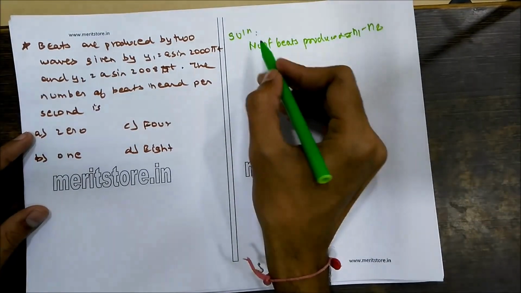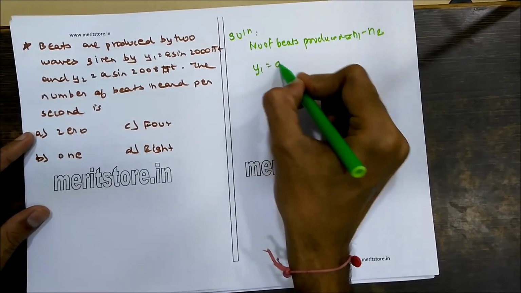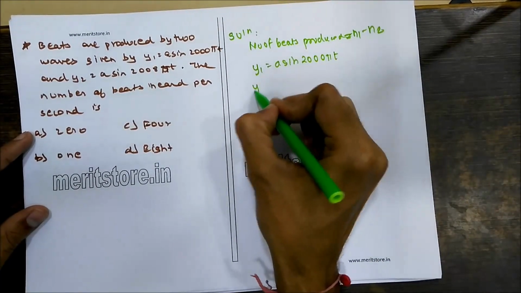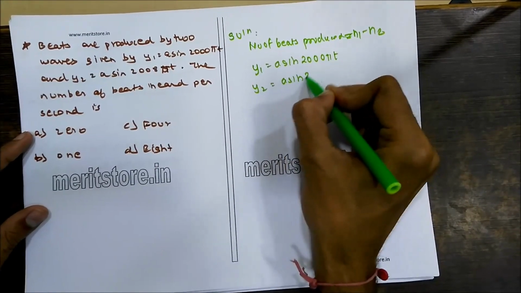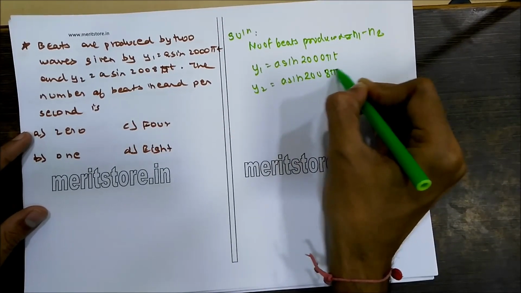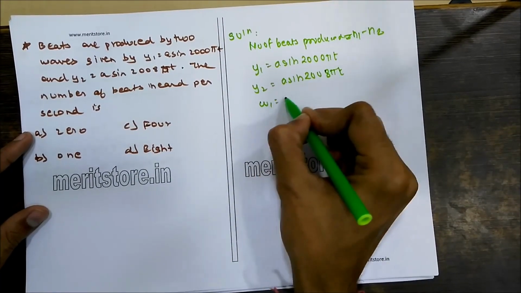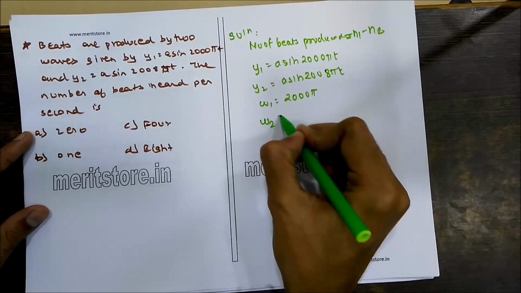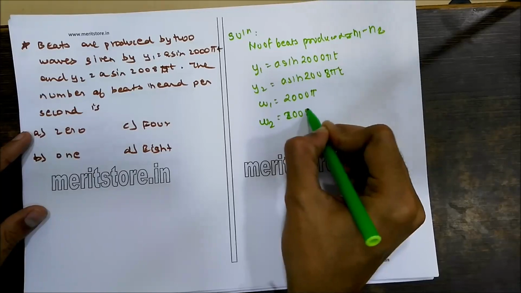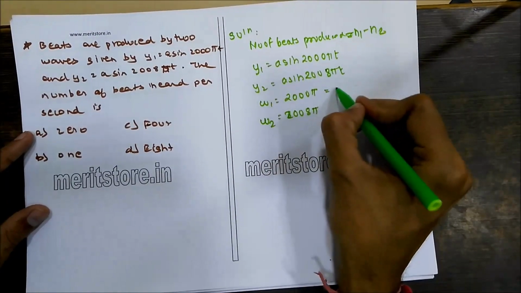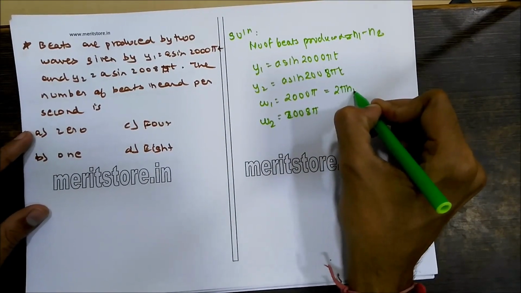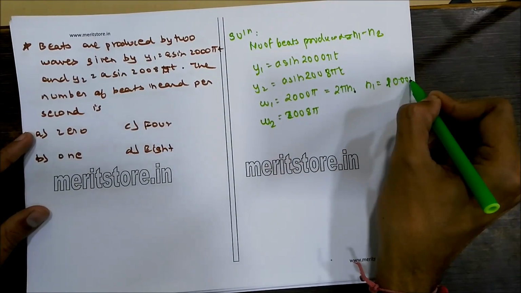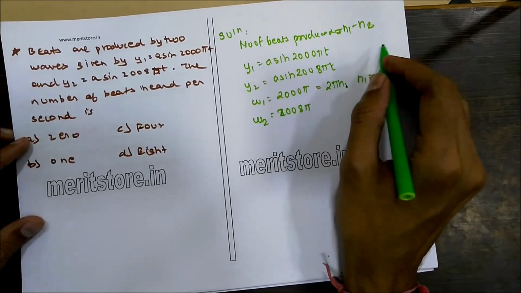From the equations we have y1 equals a sin 2000 pi t and y2 equals a sin 2008 pi t. So omega 1 equals 2000 pi and omega 2 equals 2008 pi. Since omega equals 2 pi n1, n1 becomes 1000.